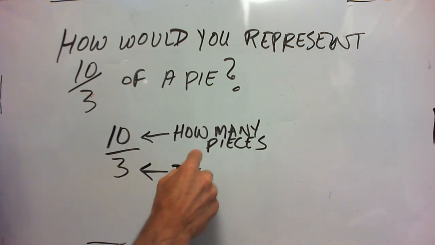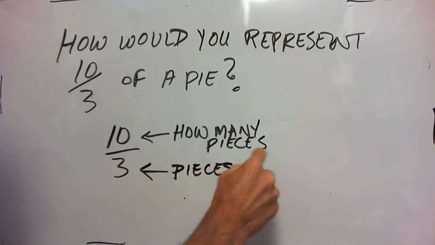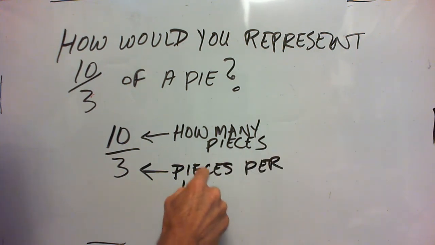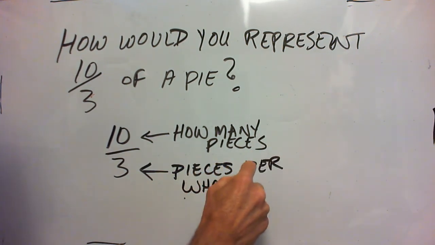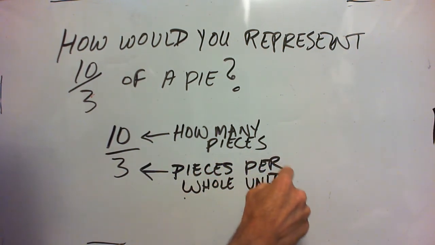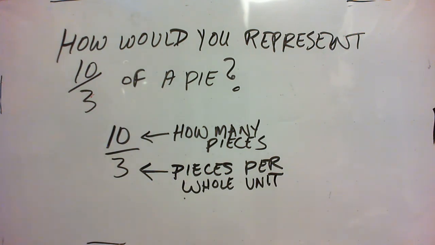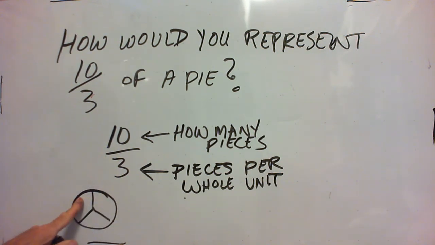or pieces per whole unit. So if we had pies here, we would be cutting these pies in thirds. 3 pieces per pie. Well, 1 pie gives us 3 pieces.